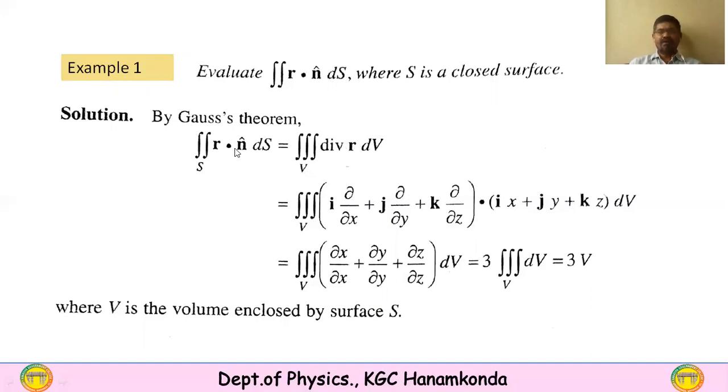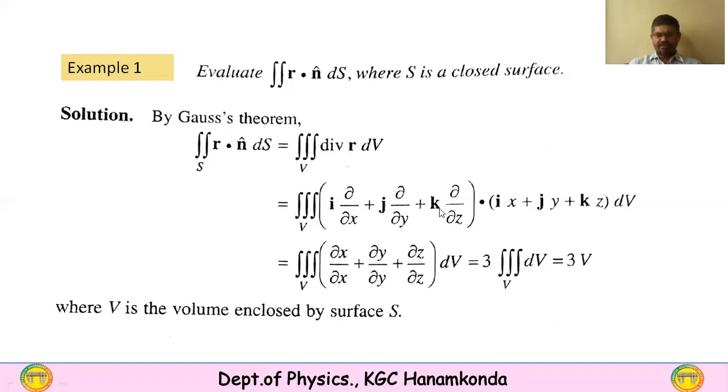Therefore, the integral of r bar dot n cap dS equals the volume integral of the divergence of r bar dV. Divergence of r bar means del bar dot r bar. Del bar is i ∂/∂x plus j ∂/∂y plus k ∂/∂z, dot r bar, that is xi plus yj plus zk, where r bar is the position vector, into dV. So here we have to perform the dot product.